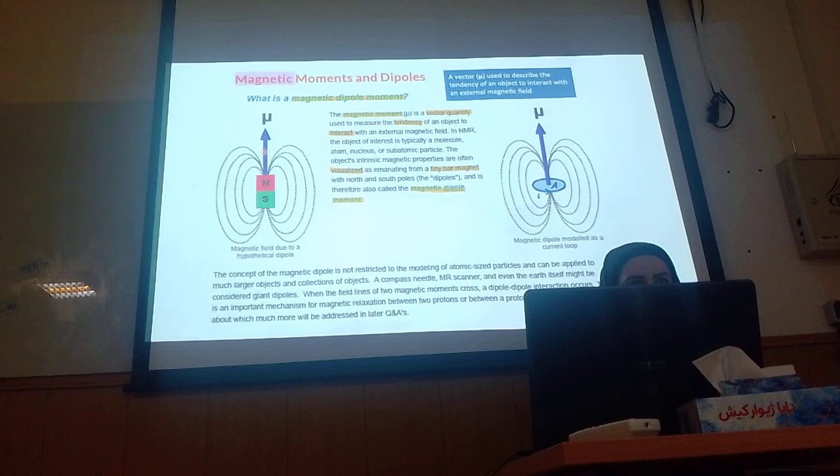For example, in the case of a tiny bar magnet, we have a magnetic momentum. We studied it in high school. Each material has a magnetic property around itself, has a magnetic momentum, a vector quantity to measure whether this particle can interact with the external magnetic field.